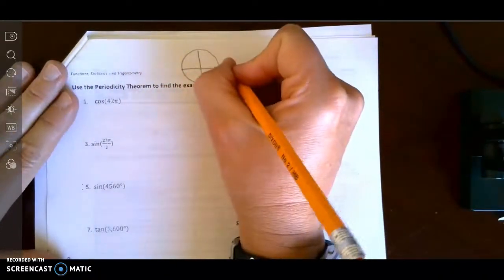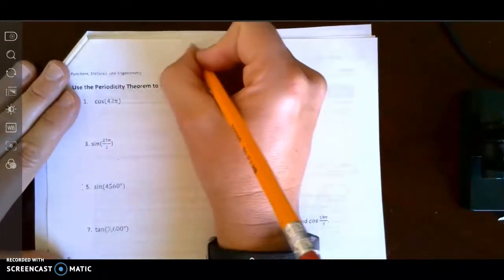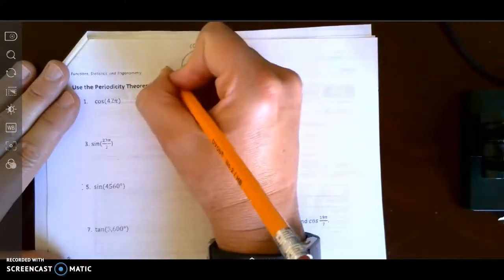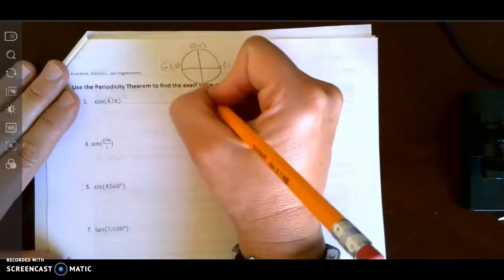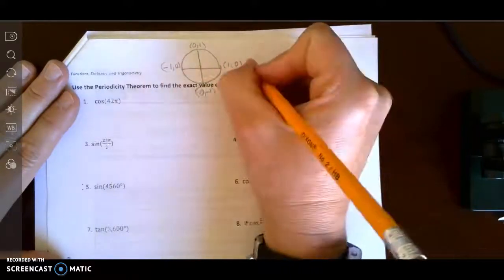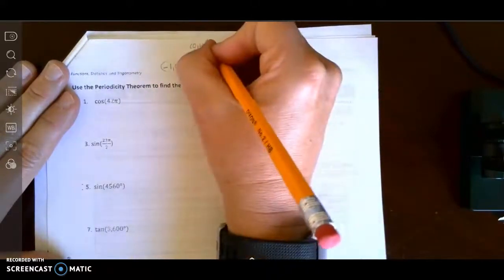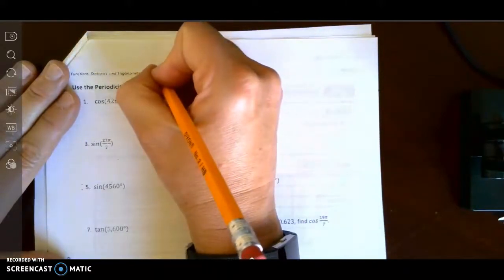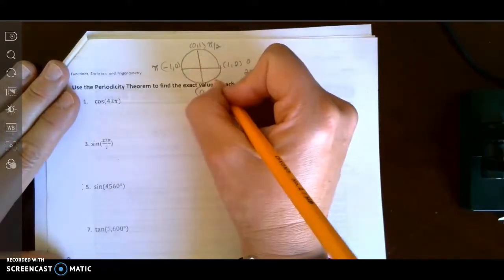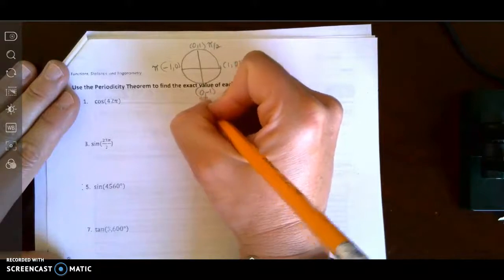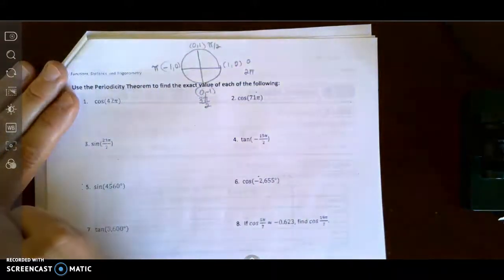For right now, I'm just going to draw in the 4 corners. And I know that this is 0 or 2 pi. I know that this is pi over 2. I know that this is pi. And I know that this is 3 pi over 2.